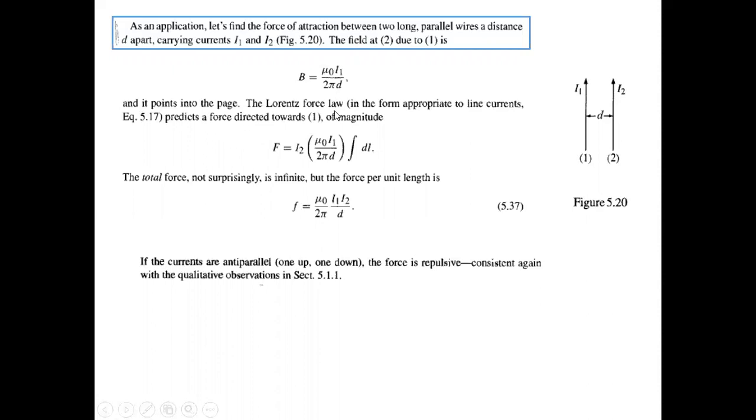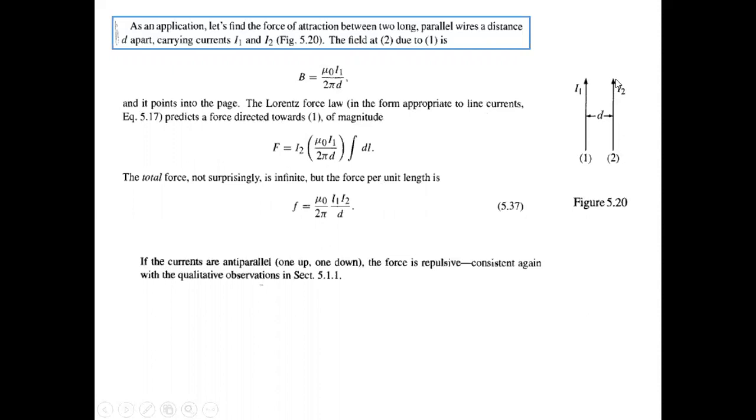Now, from the Lorentz force law, this one will exert a force on this one, I2, then this, and dl.